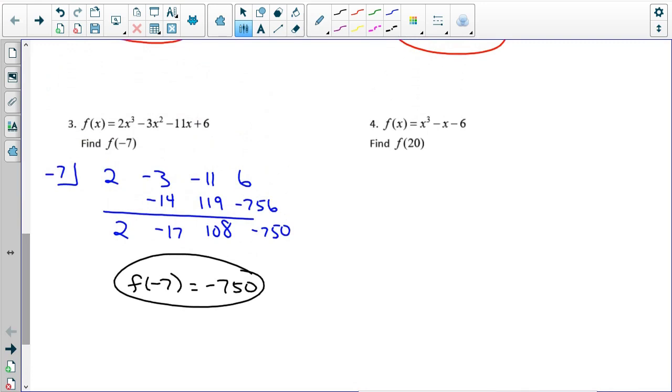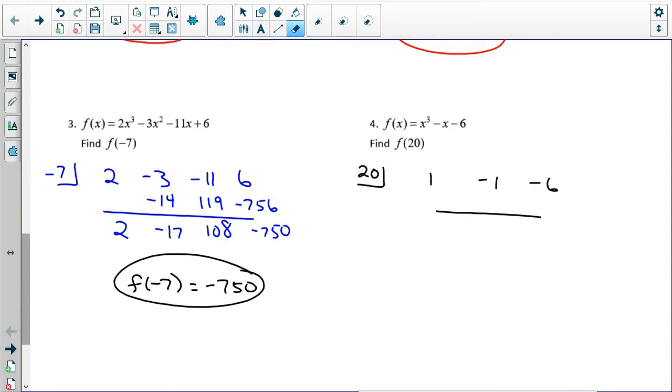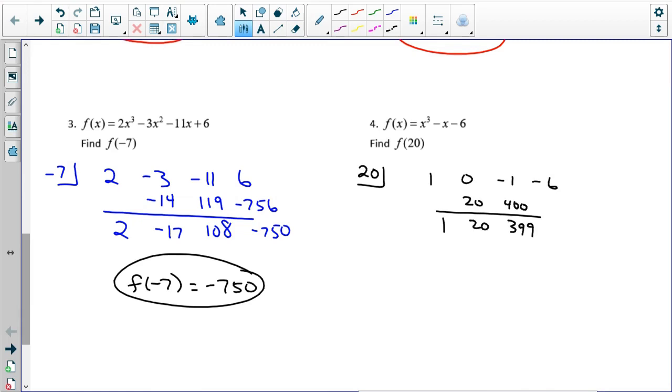Finally, problem 4, we're just going to substitute in 20. I get 1, negative 6. Oh, my fault. I'm missing a 0. 1, 0, negative 1, negative 6. I do a little substitution. So 399 times 20 is going to be 400 times 20, which would be 8,000, then minus 20.